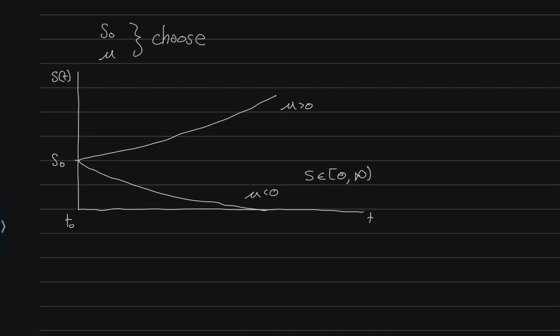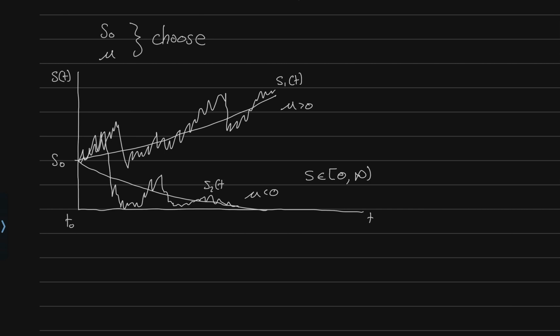Cool. Now, the way stock prices actually look in the real world is going to be somewhat random, and we'll talk about what random really means. So it's going to look something like this, and it's going to follow some kind of drift. Something like that. So this could be our true S1 of t, and this could be our true S2 of t.